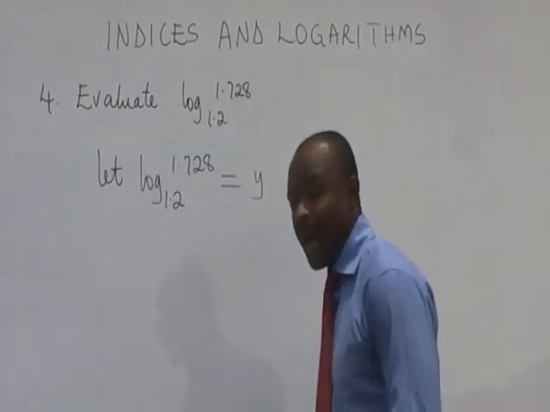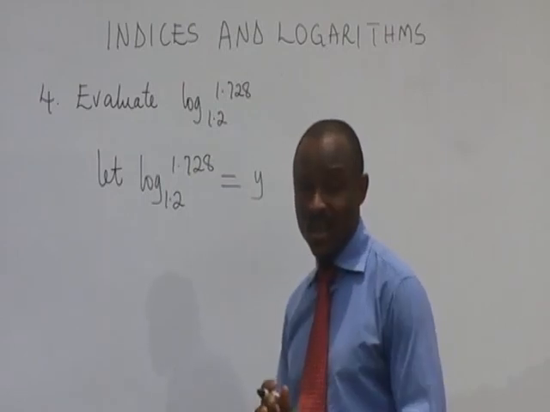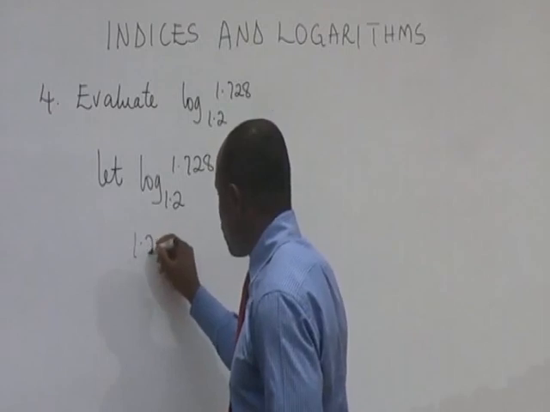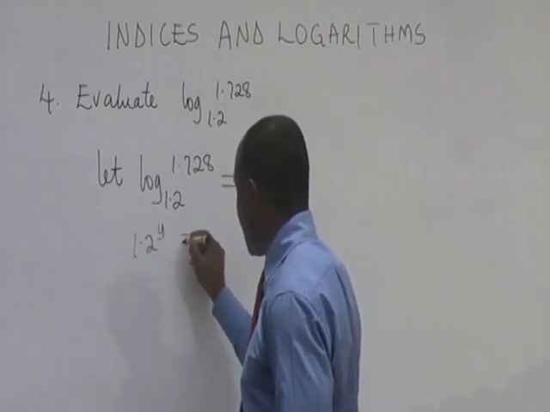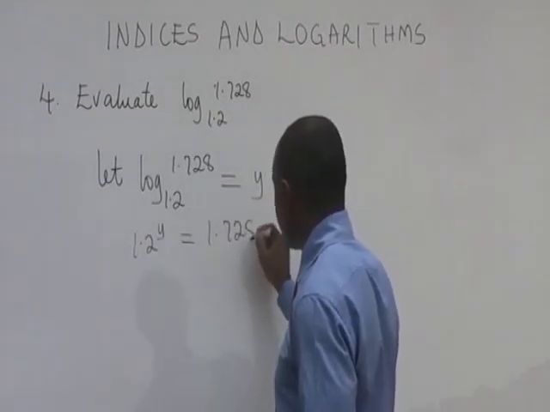Let's use y now. That means that 1.2 exponent y is equal to 1.728.